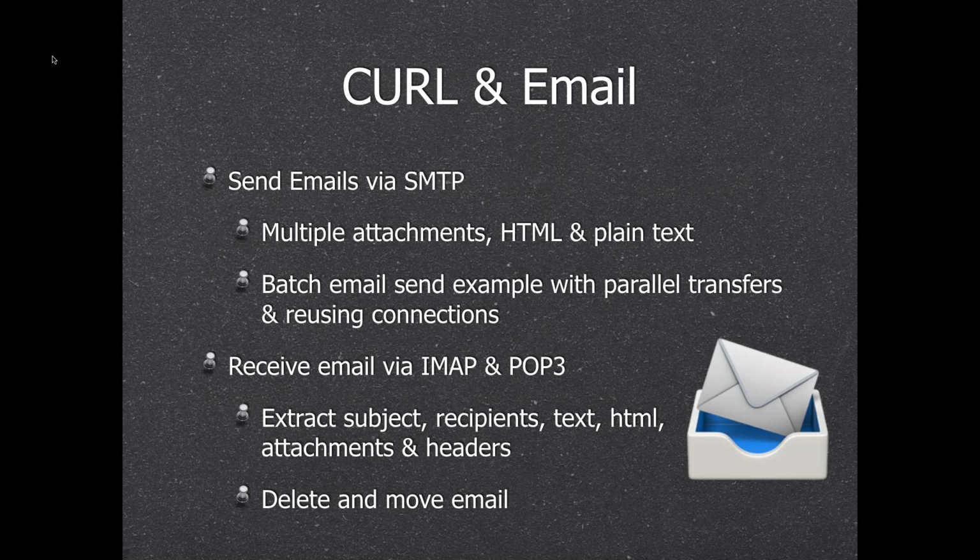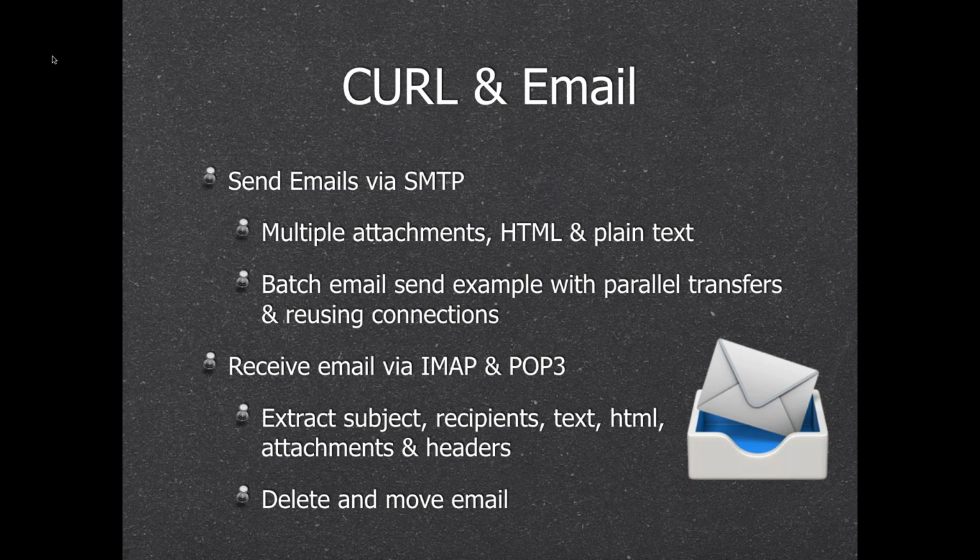We have a lot of functions for email sending and receiving. So you can send emails with several attachments, HTML with embedded images. We have an example to batch email a lot of emails for newsletter, where we use parallel transfers and reuse connection to get emails sent much faster than if you would send one after the other. We also have an example for IMAP receiving.